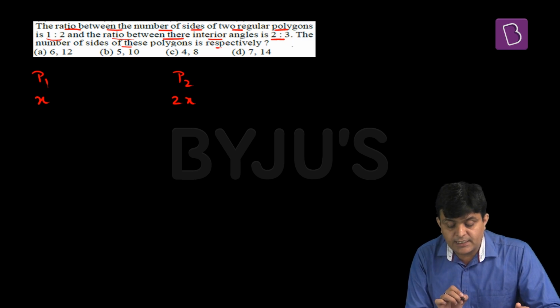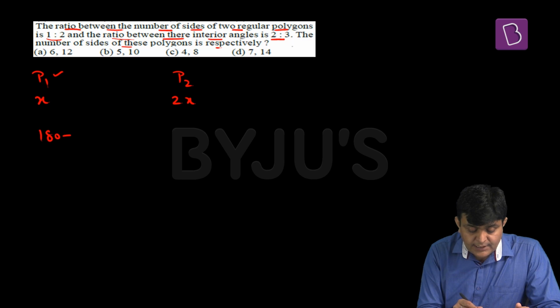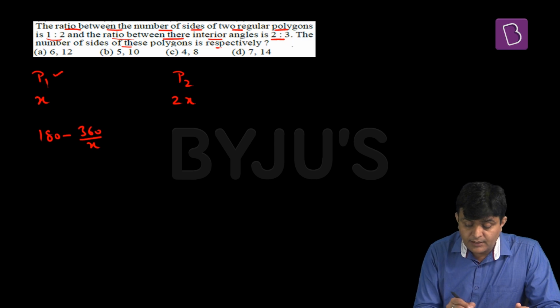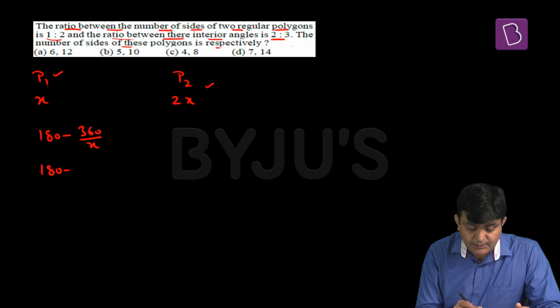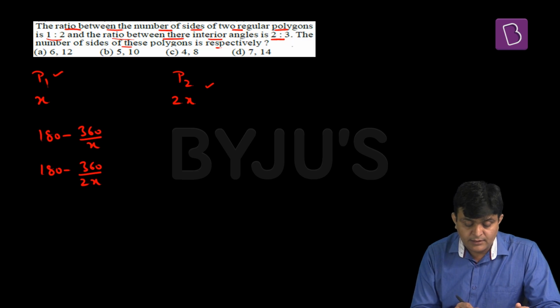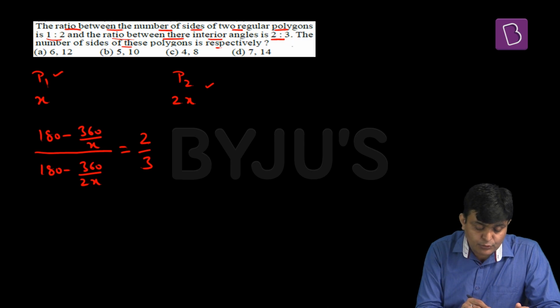Now the interior angles ratio: the interior angle of P1 is 180 minus 360 by x, and the interior angle of P2 is 180 minus 360 by 2x, and the given ratio of these two is 2:3, that means 2 by 3.